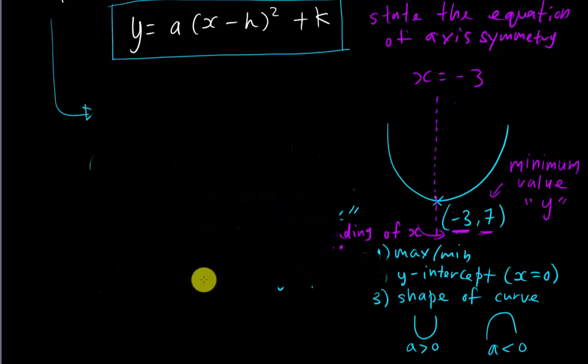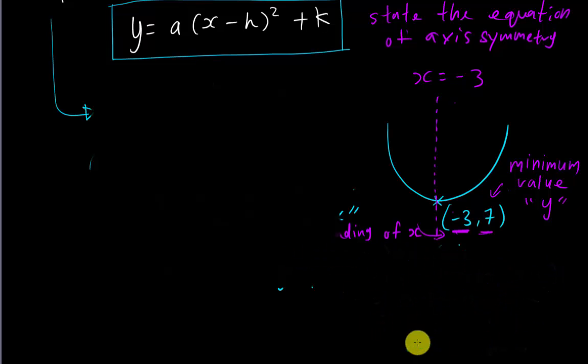Let's say I have this information: this is my x value and this is my y value. For your minimum coordinate, from the general equation, the first one is called h and the second one is called k.